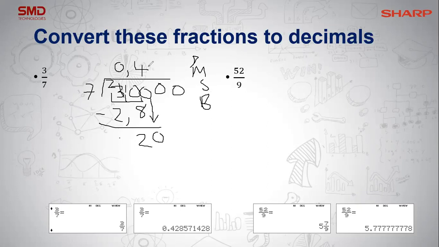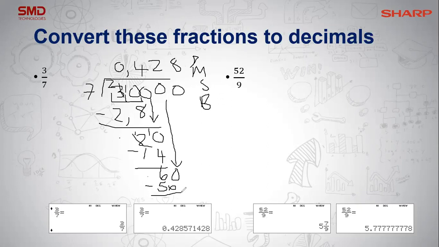7 goes into 20 twice. Mommy multiply says 2 times 7 is 14. Sister subtract. Borrow 6, nothing. Bring down a 0. 7 goes into 60 8 times. 8 times 7 is 56.